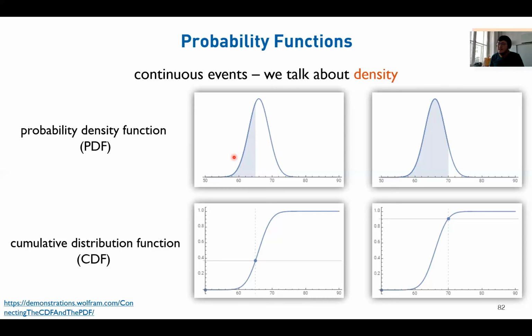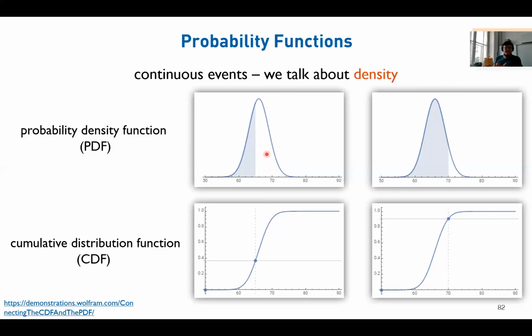So here, the y-axis of the PDF, you cannot really interpret it. That's the relative density. If you do want to interpret it, you can say it's the relative density, but that's not the probability. So if you see the PDF graph and want to get the probability, you have to draw a line and then calculate the area under the curve within the range, or up until a point.